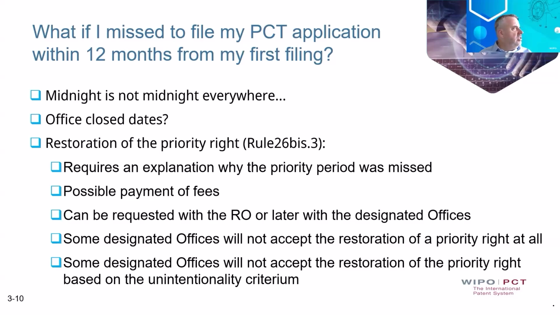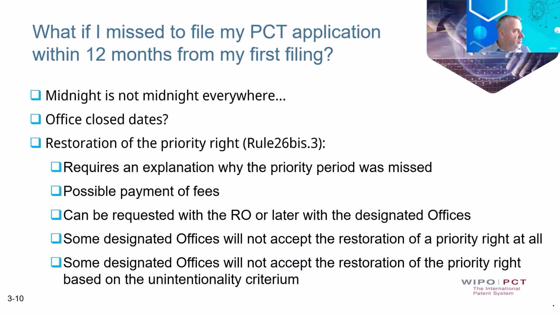Due care requires that you show that you acted like a careful agent or applicant and that you usually would not miss this priority period, and it was an individual error that happened on a particular day that led to the missing of the priority period. So more need for a detailed explanation, and of course also more of a possibility that your explanation will not be accepted by the receiving office.